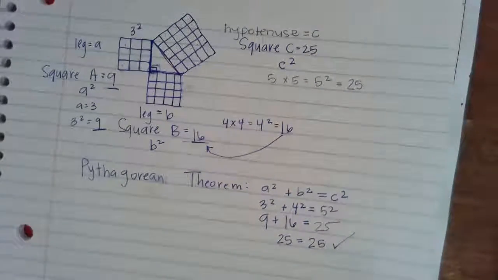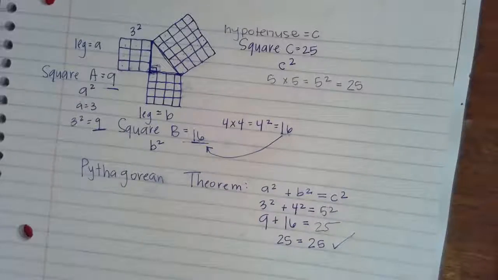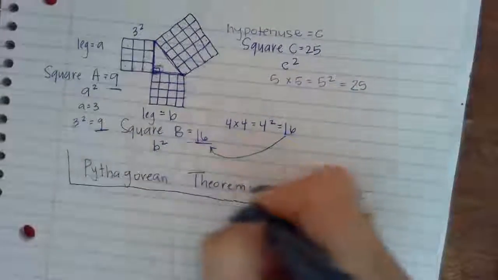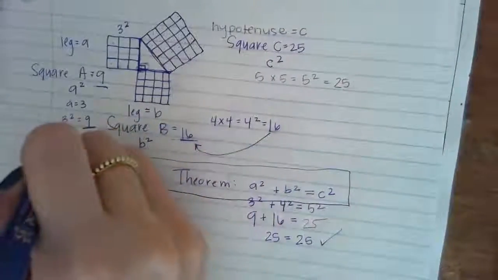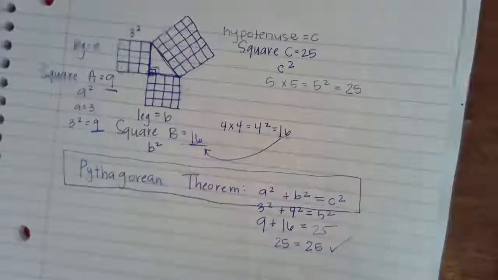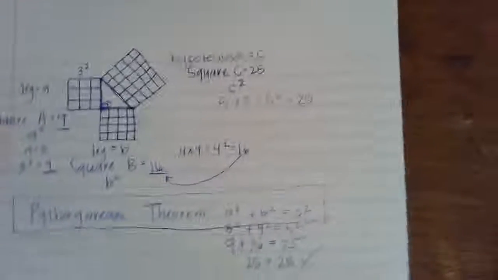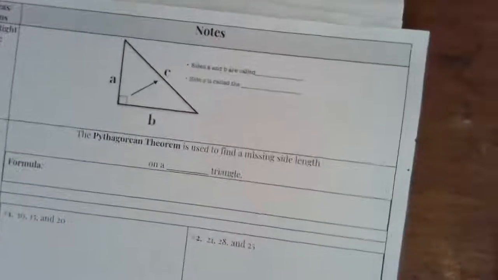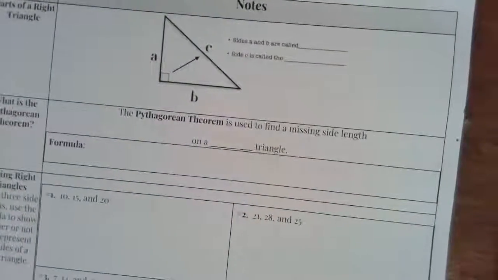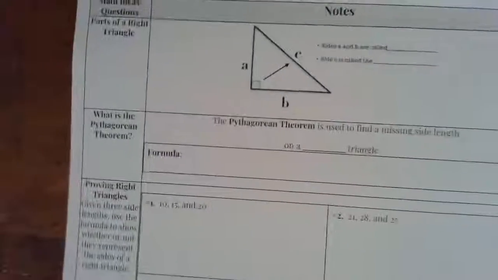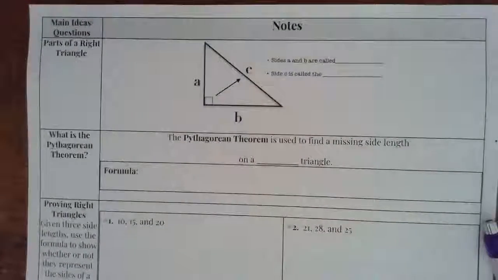So all of this to say, the most important thing is that the Pythagorean theorem derives, which means comes from, a squared plus b squared equaling c squared. So you should have a note sheet, and we're going to fill in a couple of things and learn how to use the Pythagorean theorem today.